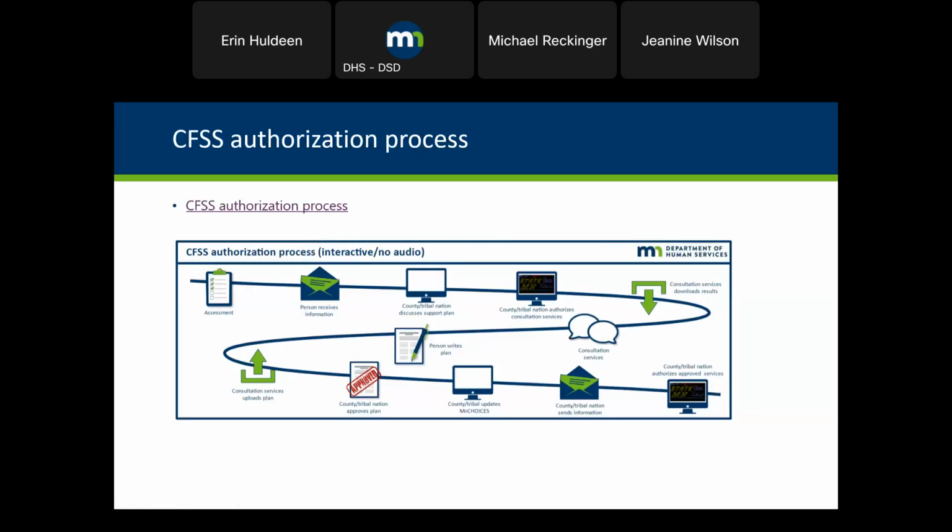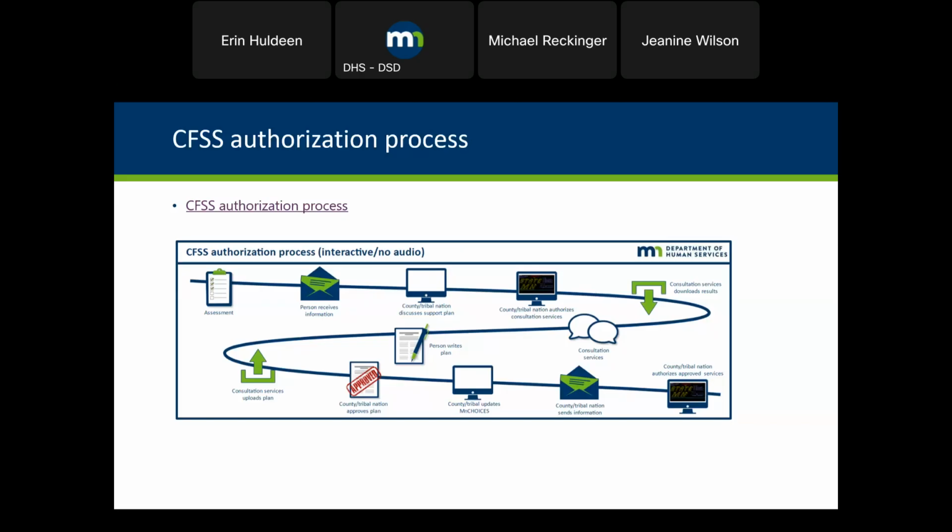So Erin, there's a question about the requirements for a CFSS provider agency to evaluate services. If the participant was with your agency as PCA and they're choosing you for CFSS, you still have to follow all of the requirements. This is a new program.